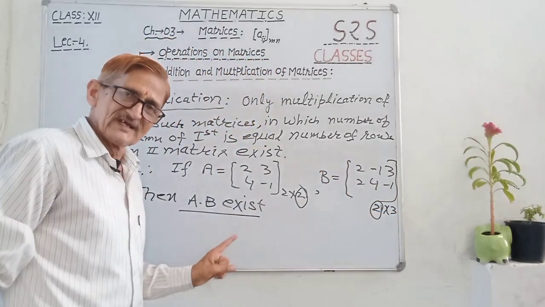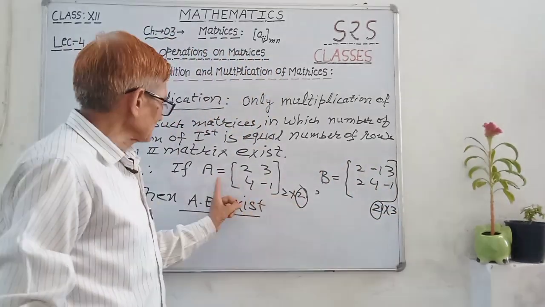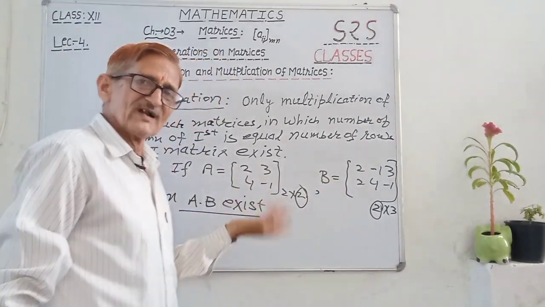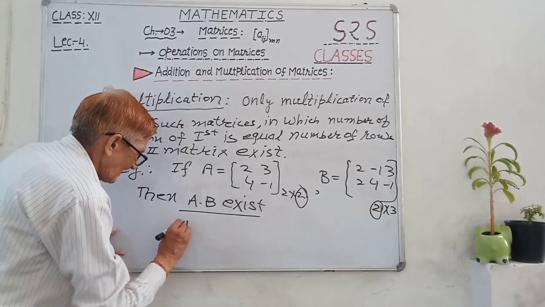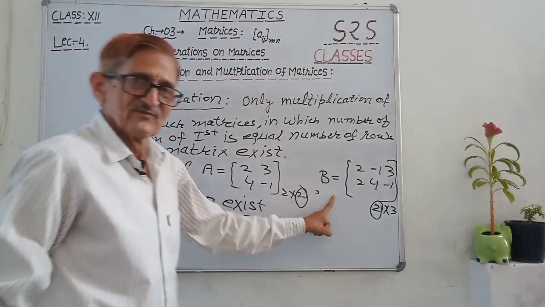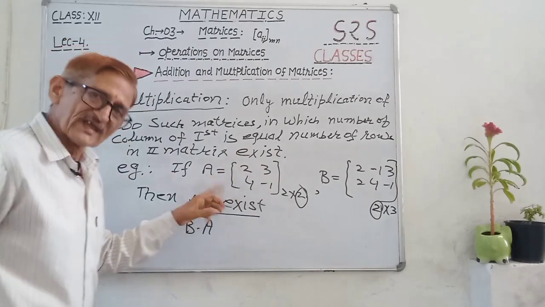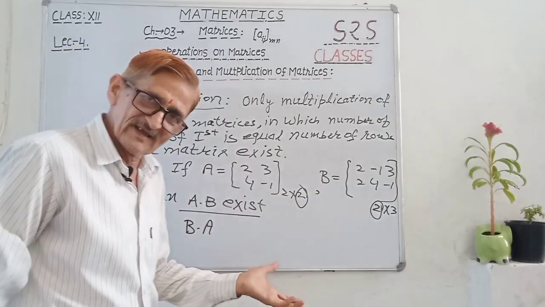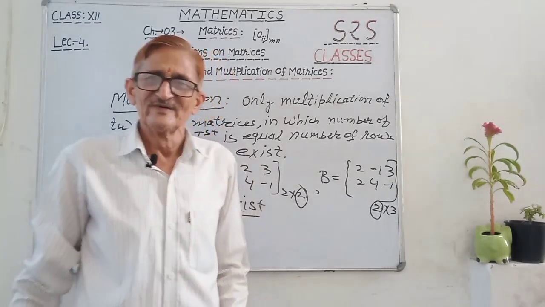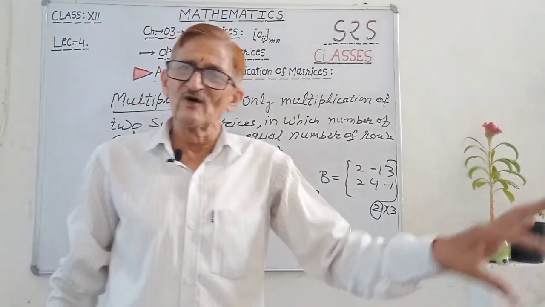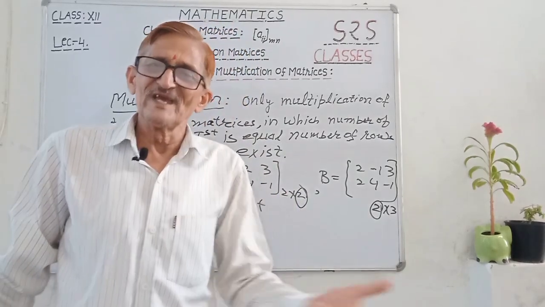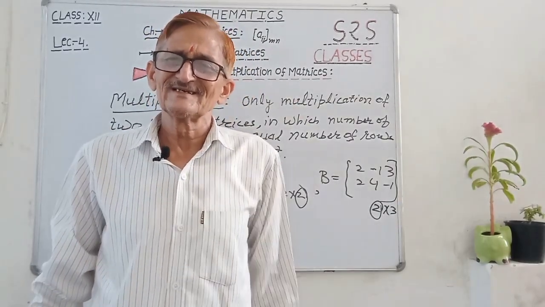Now second point: if this example A, this B, and you want BA, tell me, does BA exist or not? If B comes first and A second, B into A, then the product is not commutative, that AB equals BA always, no. Sometimes AB exists, BA does not exist.